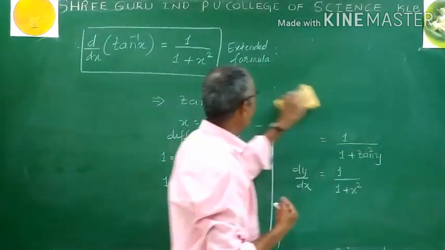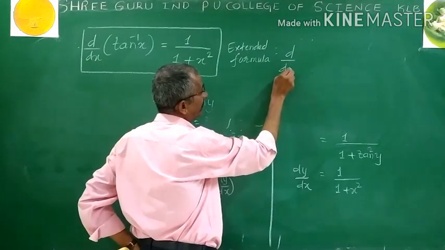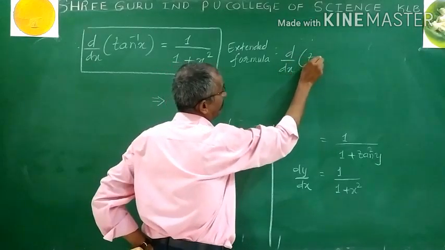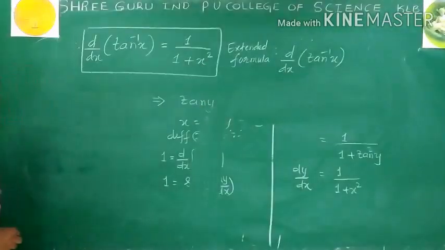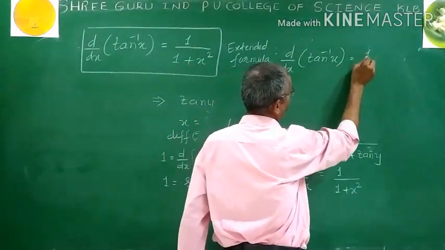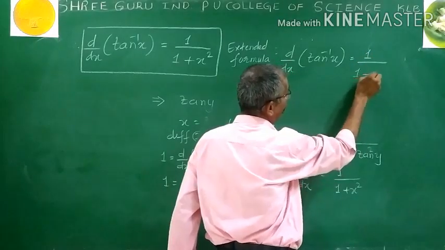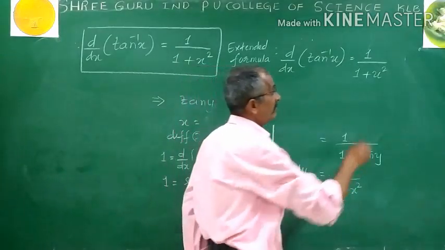Now the extension is given in the form of u: dy dx of tan inverse of u, that is, the derivative of tan inverse of u, is 1 by 1 plus u square, not only 1 by 1 plus u square, into du by dx.